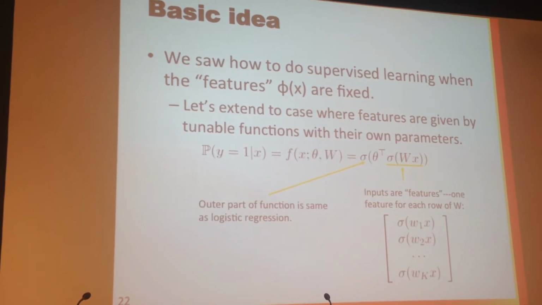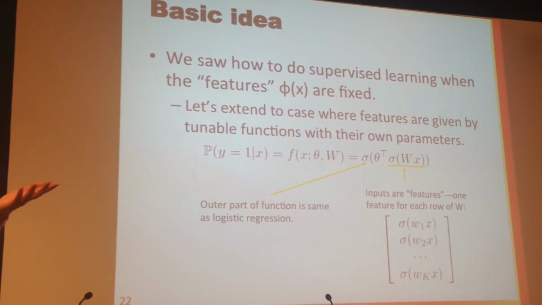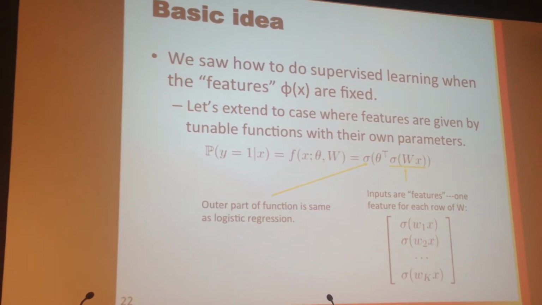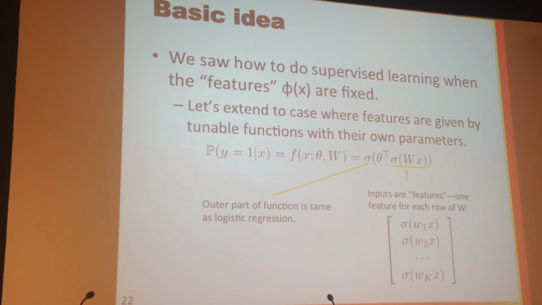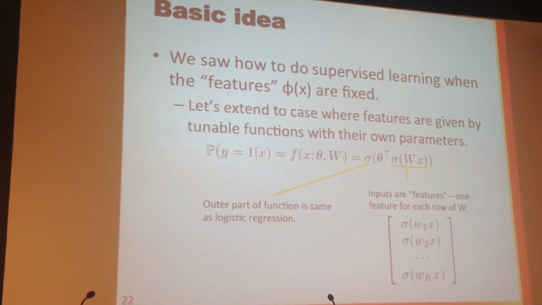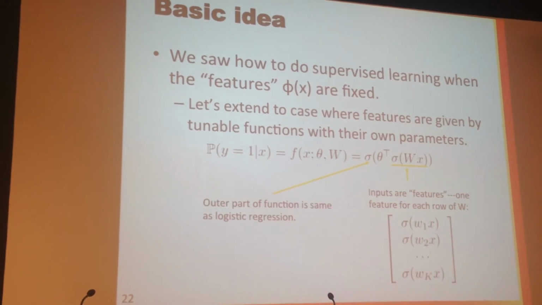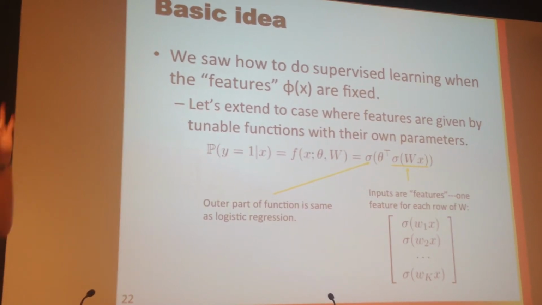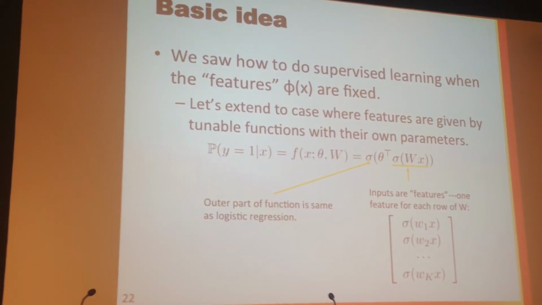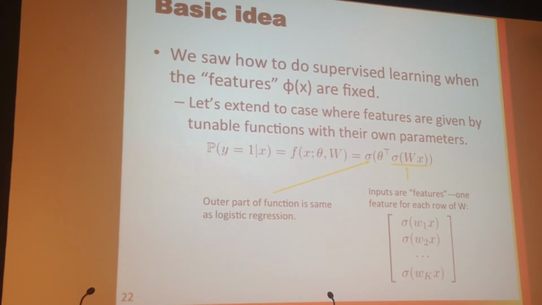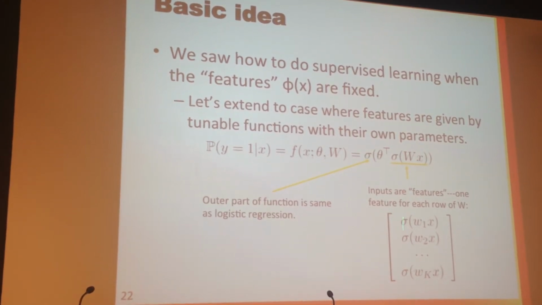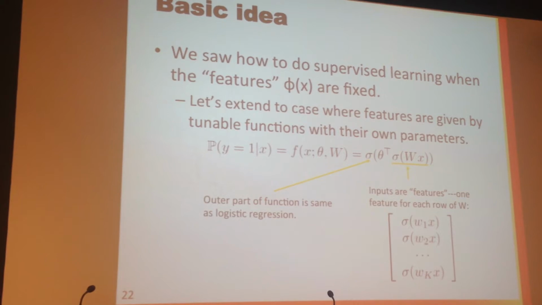And thus this feature will be big whenever x looks like W1. So you could think of W1 as being like a little arc in an image. And whenever I see another arc that overlaps with that very closely, then this feature will have a very large value. If it's some other pattern, then it'll have a very low value. But the actual pattern that I'm looking for could be anything, and it's determined by what these parameters get set to.